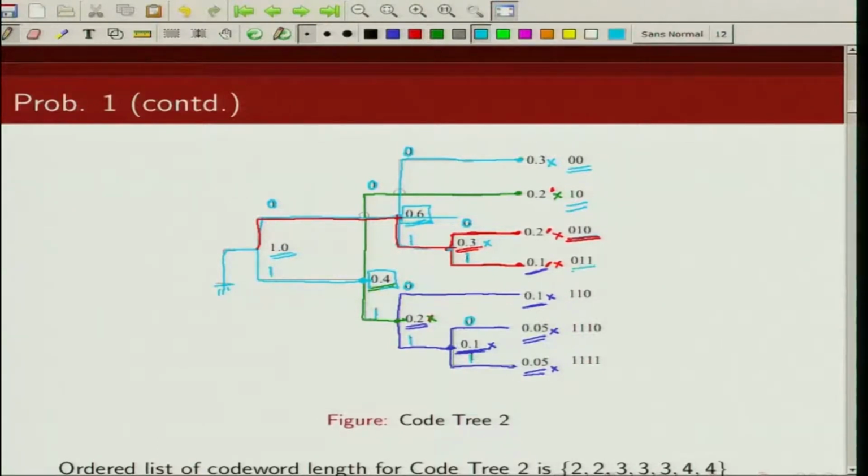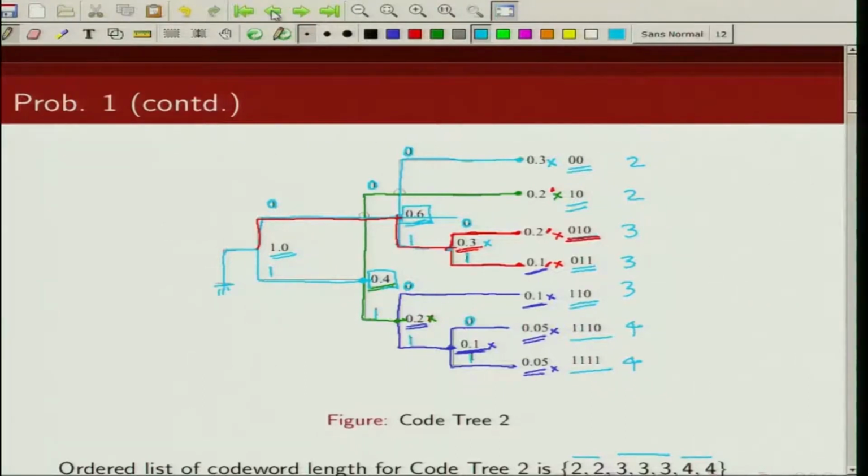Code word for this is similarly 011, this one 110, this is 1110, and this is 1111. So we have code words of length 2, 2, 3, 3, 3, 4, 4. The ordered list of code words: two code words of length 2, three of length 3, and two of length 4.